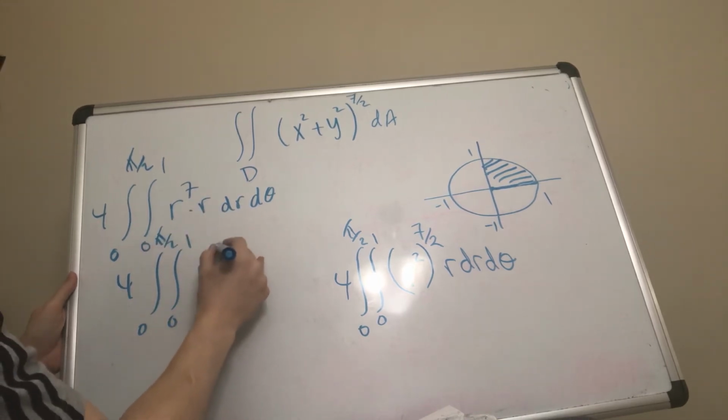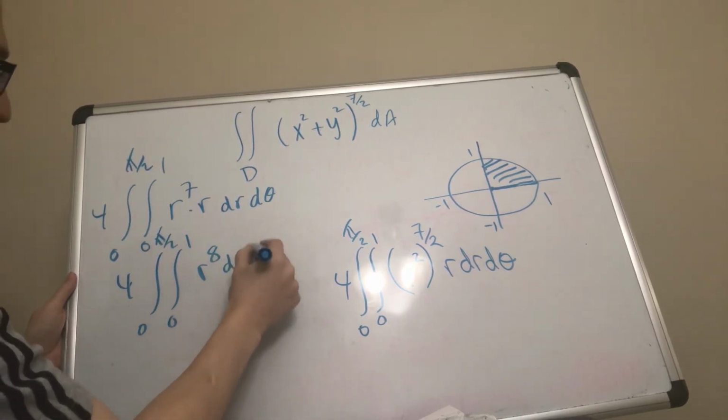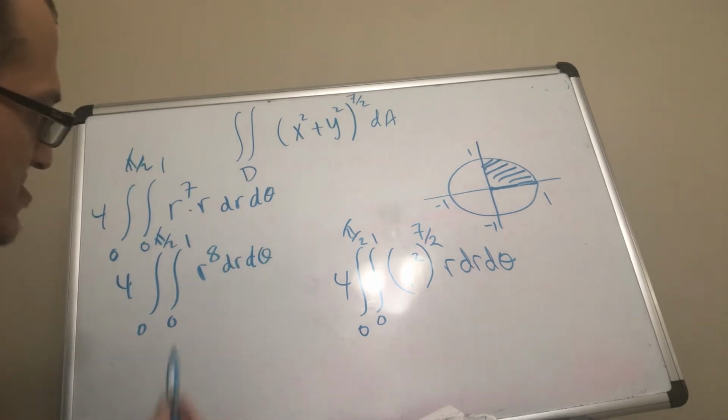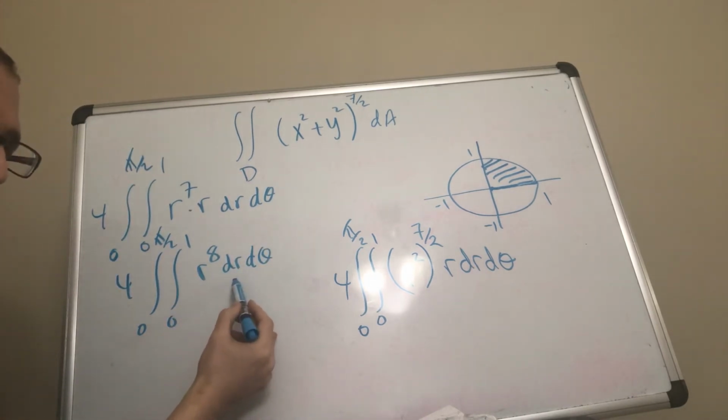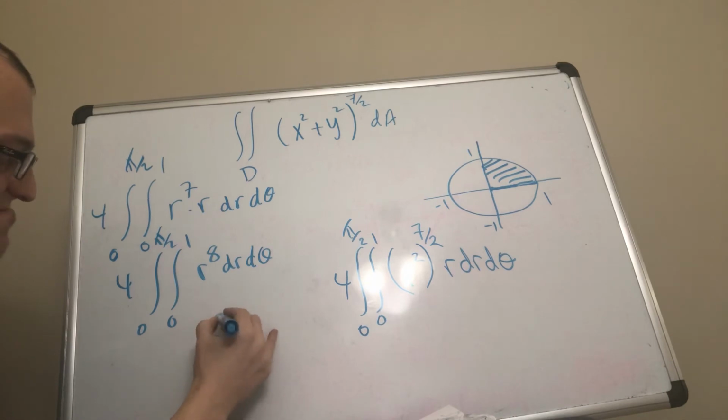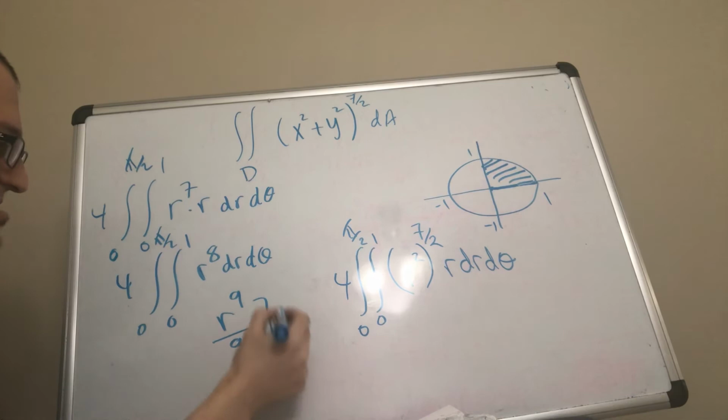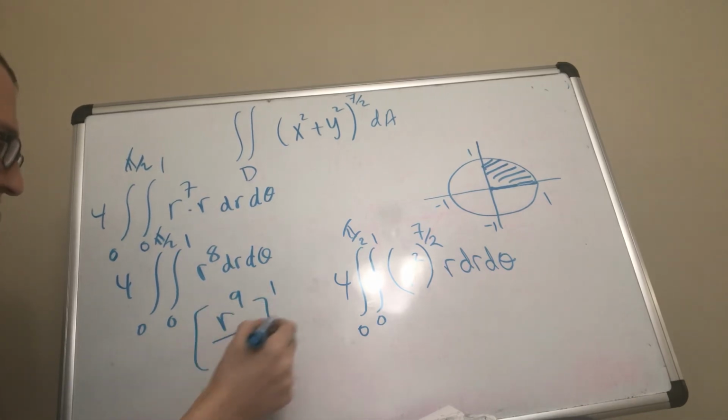This is r to the power 8 dr d theta. So now we can integrate this with respect to r. So it's r to the 9 over 9, from 0 to 1, d theta.